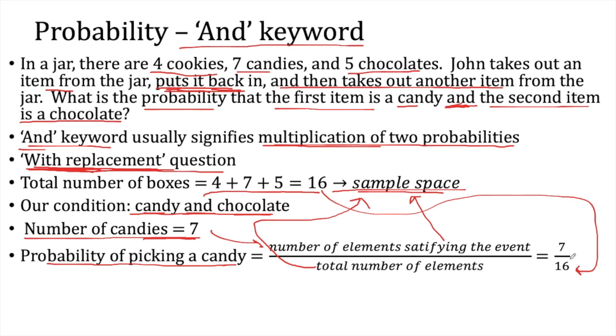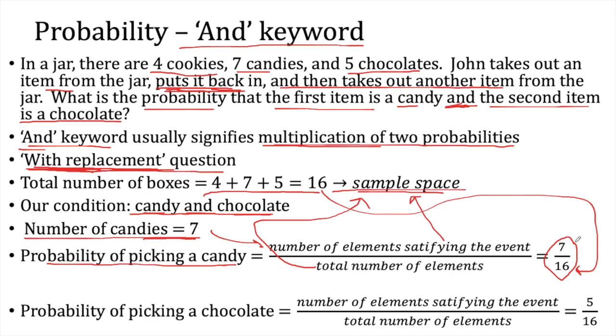So the probability of picking a candy is 7 over 16. Now we'll do the same for a chocolate. The number of elements satisfying the event is 5, since we have 5 chocolates, and the total number of elements remains the same. Our sample space will not change. The total number of elements is still 16.